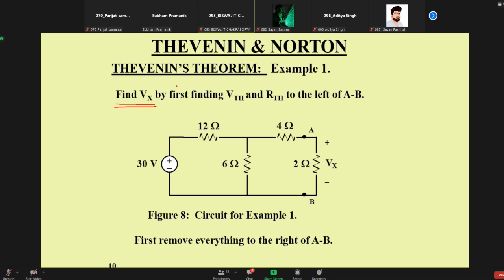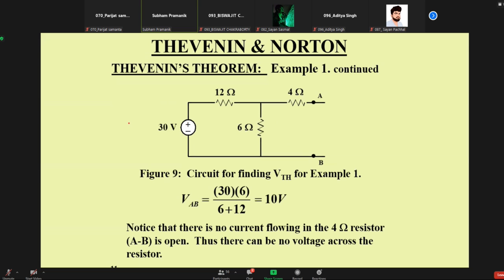Yes. So whenever it is specified to find the current through a certain circuit element or the voltage across some circuit element, that particular circuit element will be the load. So first identify the load. Here the load is 2 ohm. So we disconnect it. We have disconnected the load.